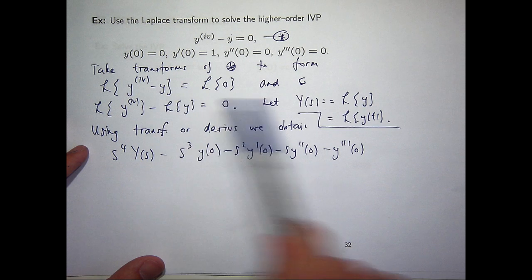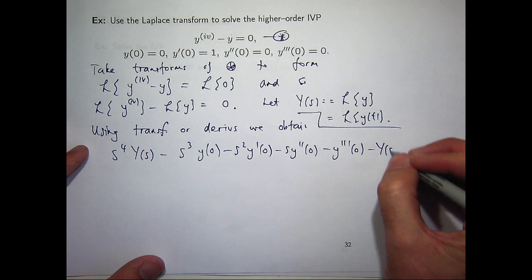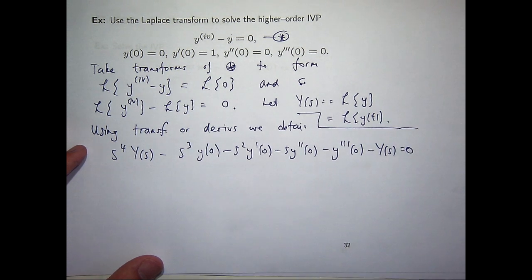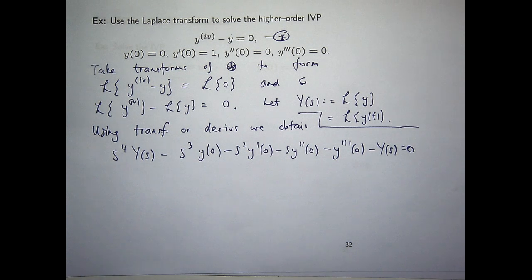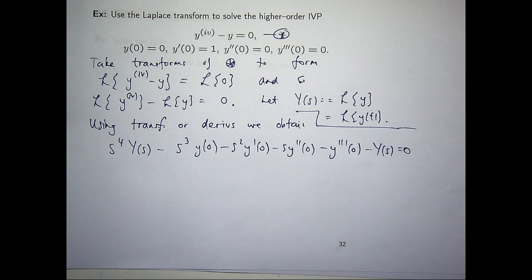Now this is just big Y of s. You may look at that and go, hang on, Chris, you've actually made it more complicated now. Well, not really, because now I can apply the initial conditions straight into this bottom line.